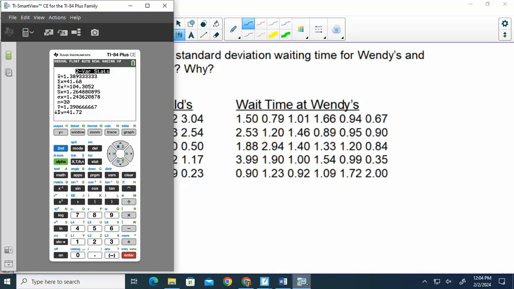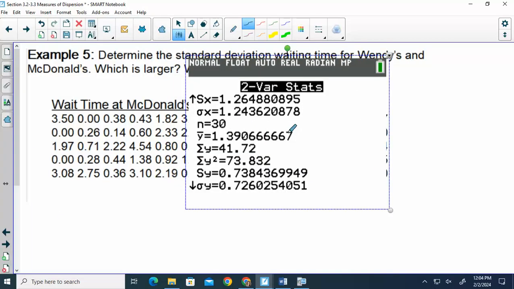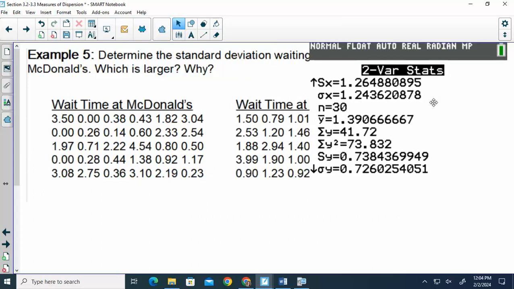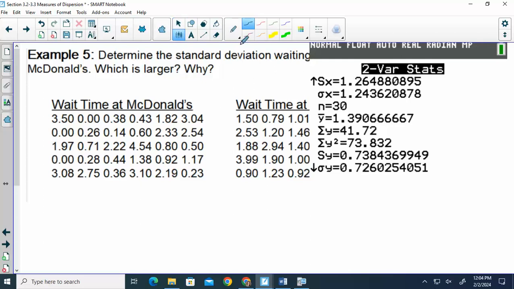So we get this thing. What things on here do you think stand for standard deviation? We have that S sub x, and the other one is sigma, depending on if we are talking about a sample or a population. So if we're talking about McDonald's and Wendy's, do you think 30 people, would that be a sample or the whole population? Sample. So we are looking at the S for each of these.